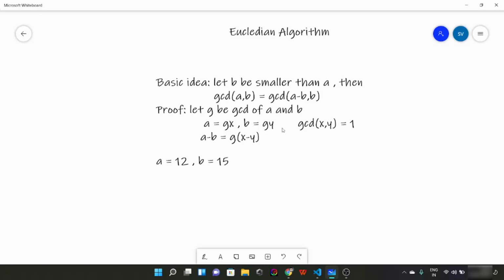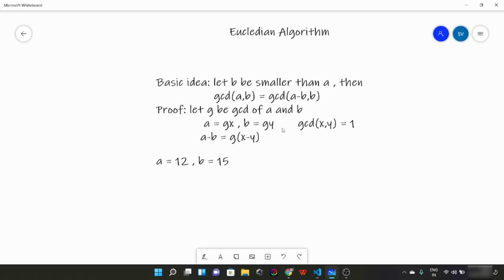So that after 2 or 3 loops, A is greater. So we'll subtract B from it, and after that, suppose B becomes greater, then we'll subtract A from it, and this goes on until A becomes equal to B.